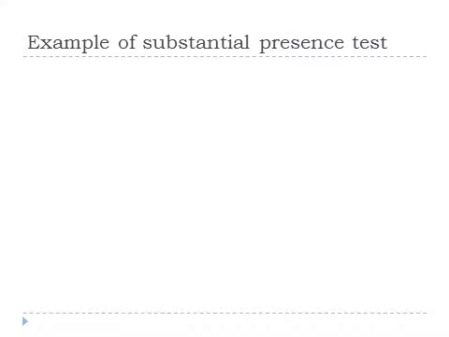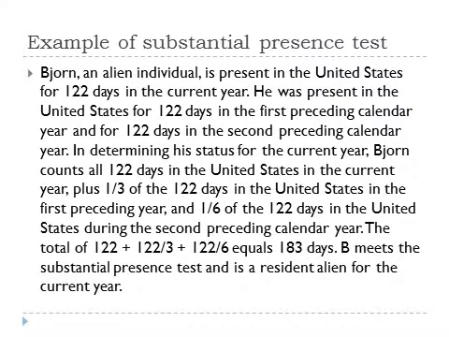Here's an example of the substantial presence test. Bjorn, an alien individual, is present in the United States for 122 days in the current year. He was present in the United States for 122 days in the first preceding calendar year and for 122 days in the second preceding calendar year.